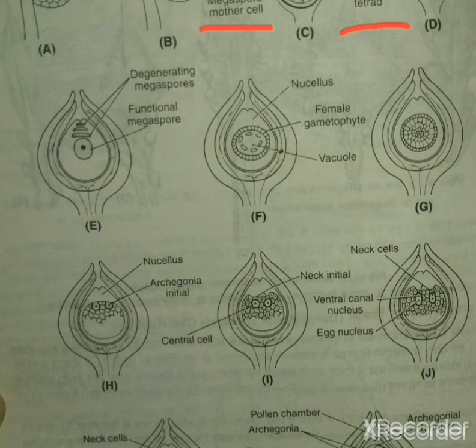In this tetrad of four megaspores, one is a functional megaspore and three degenerate.